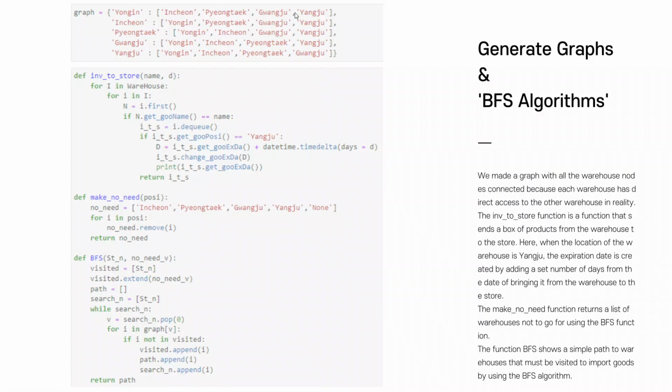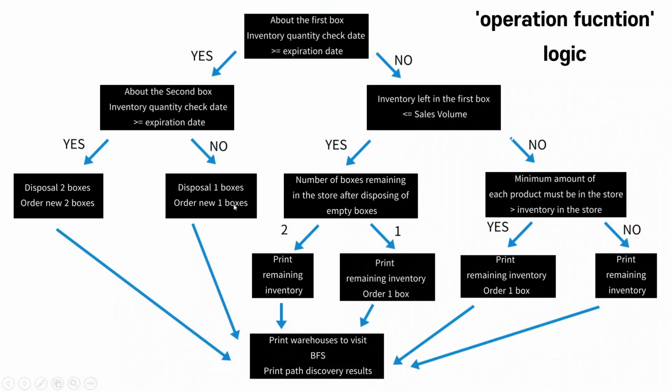The chFixedSt function returns the fixed value of inventory because the operation function that follows changes the amount of inventory in the store, and the operation function needs to specify the fixed amount of inventory in one box.